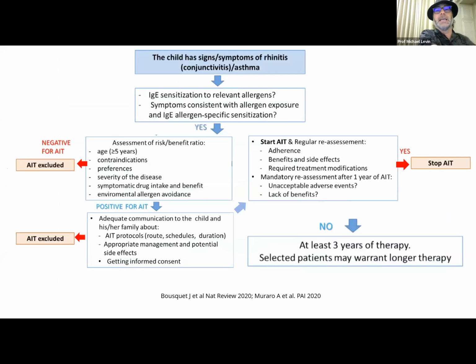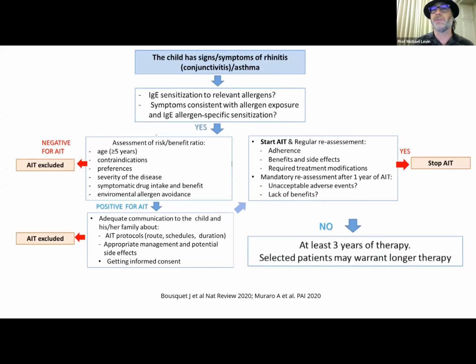And this is really some of these risk-benefit ratios, the age, making sure that there's no contraindications, that the patients are completely on board, and that they're going to be able to adhere to a therapy that actually requires 3 years of therapy, either subcutaneous or sublingual, in order to have that permanent therapeutic benefit.